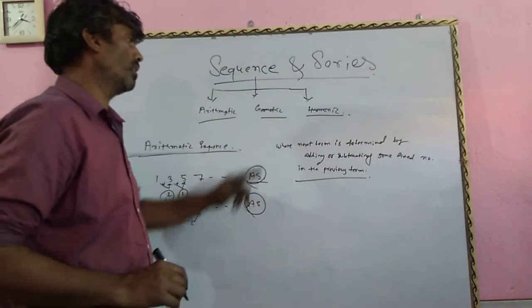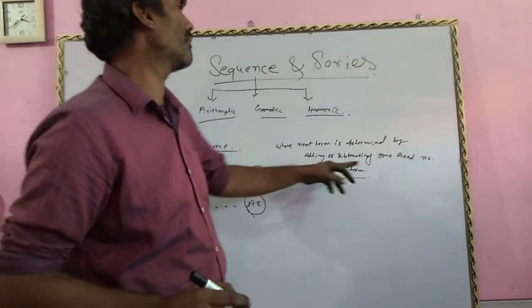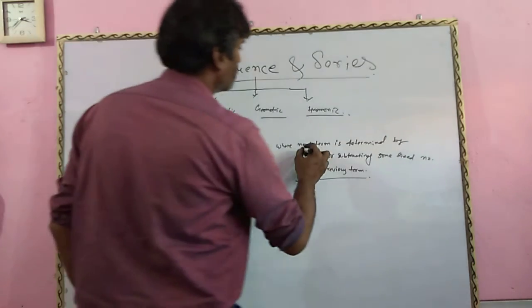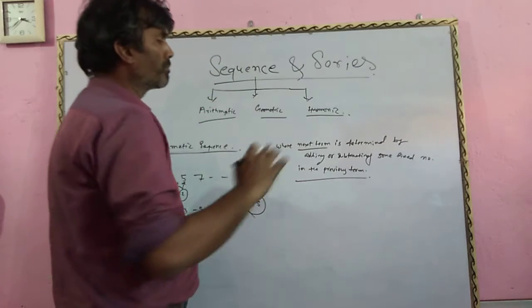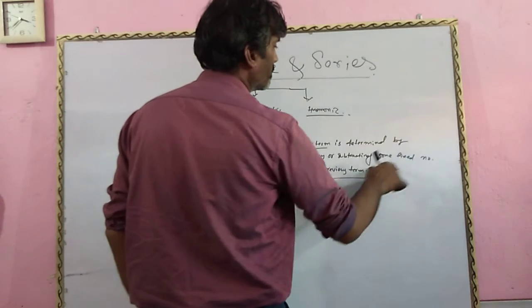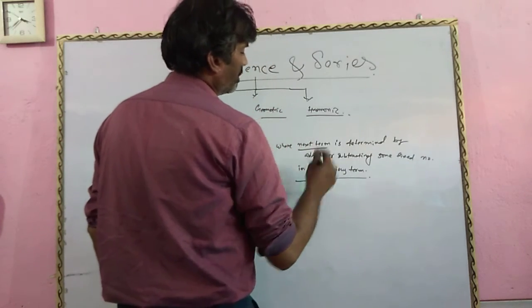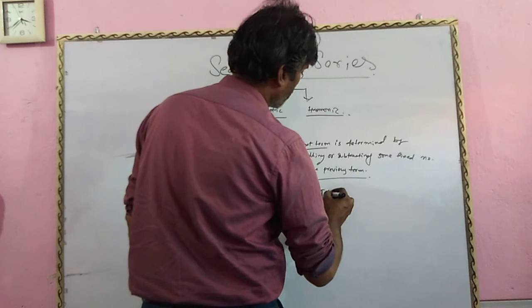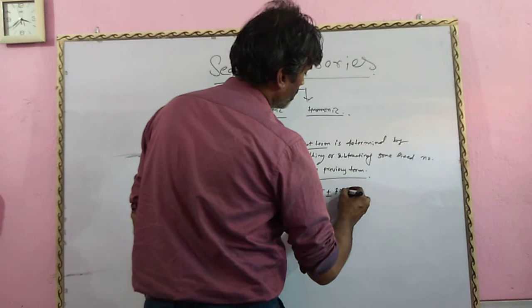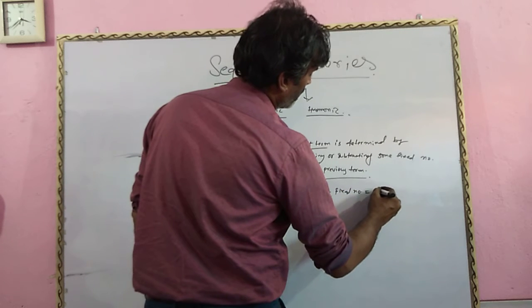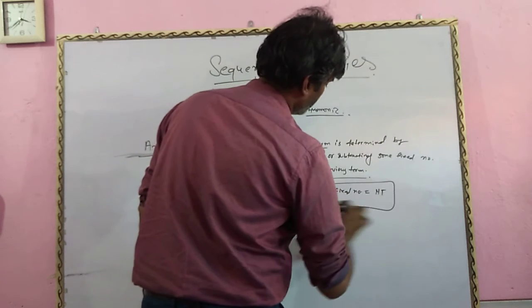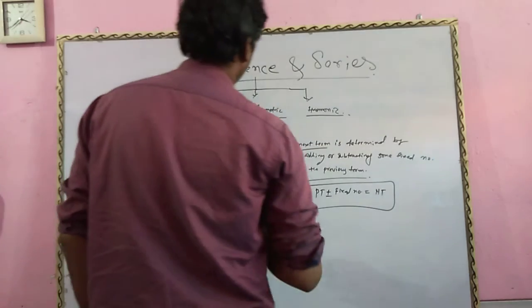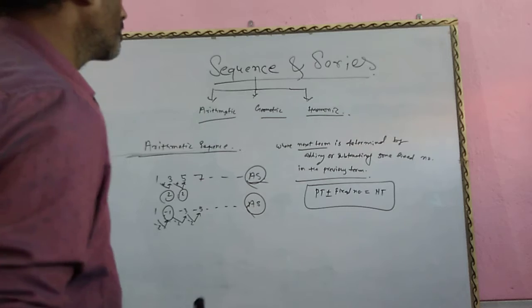The previous term plus or minus some fixed number will be the next term, when the sequence is an arithmetic sequence.